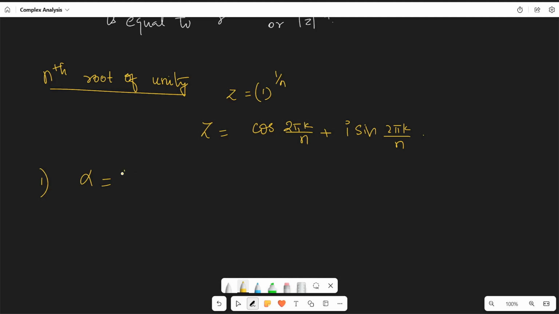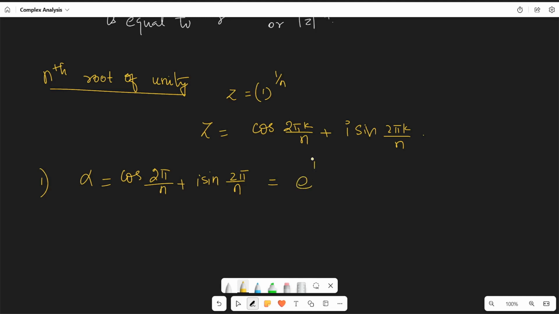Cos theta plus i sin theta is e to the power i theta, and here in place of theta I have 2 pi by n.